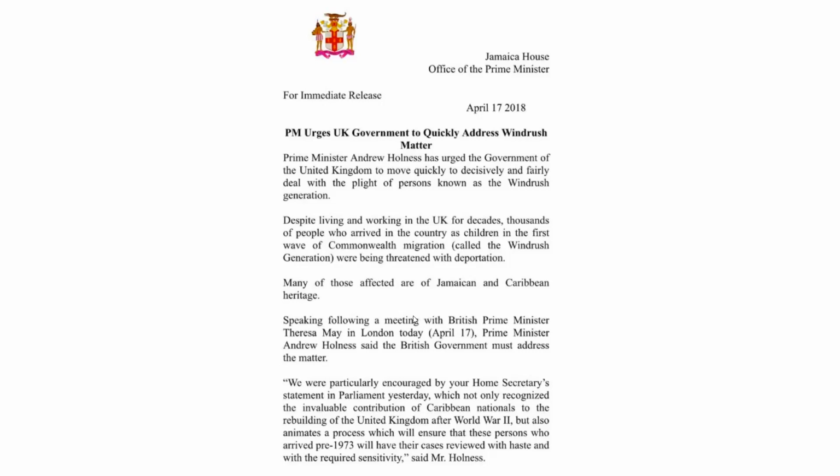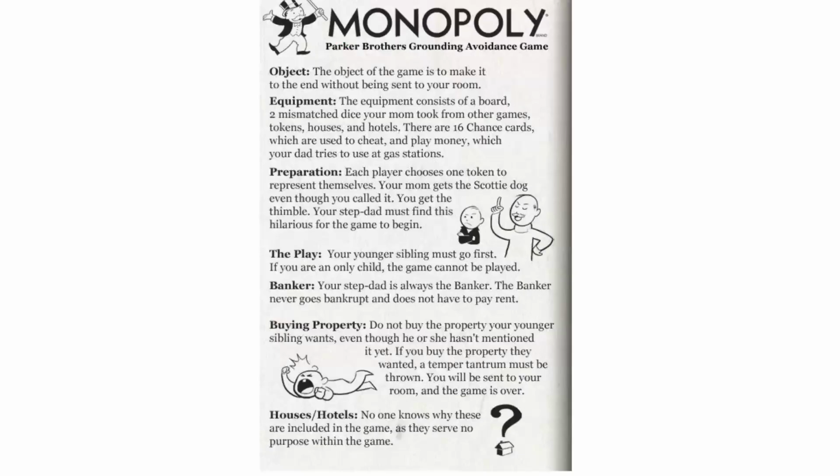Okay, so we've got one more example. So can anyone tell us what type of text this is? We're just looking at some different types of texts.